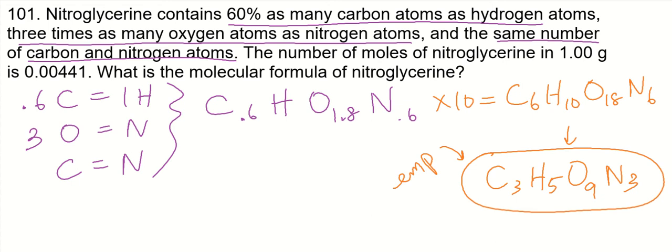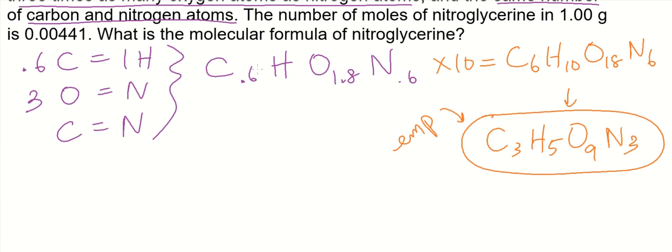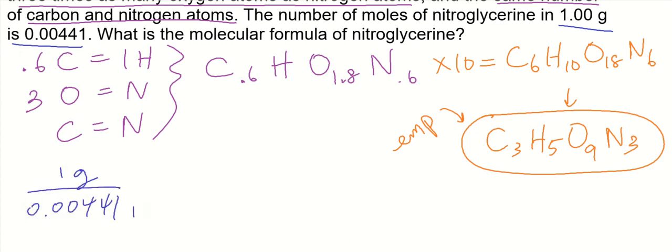What else? The number of moles of nitroglycerin in 1 gram is, all right, so we're given grams per mole information. So 1 gram has 0.00441 moles.